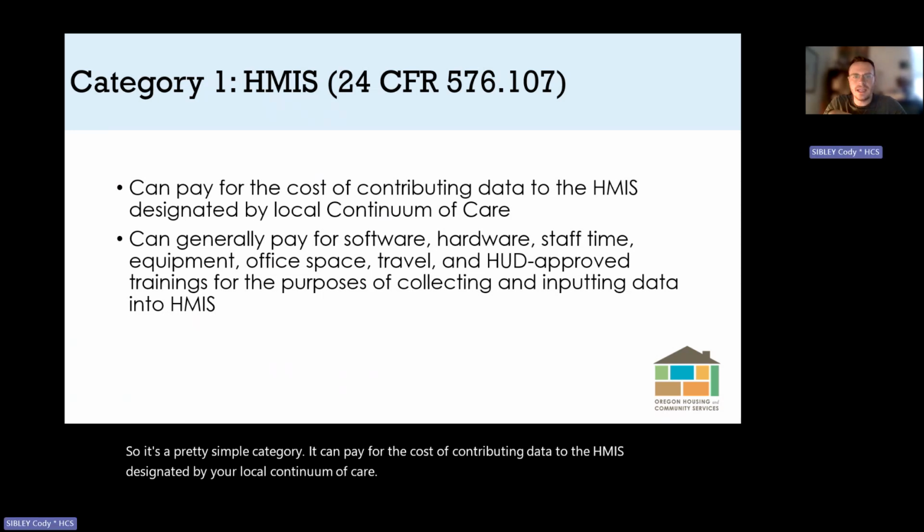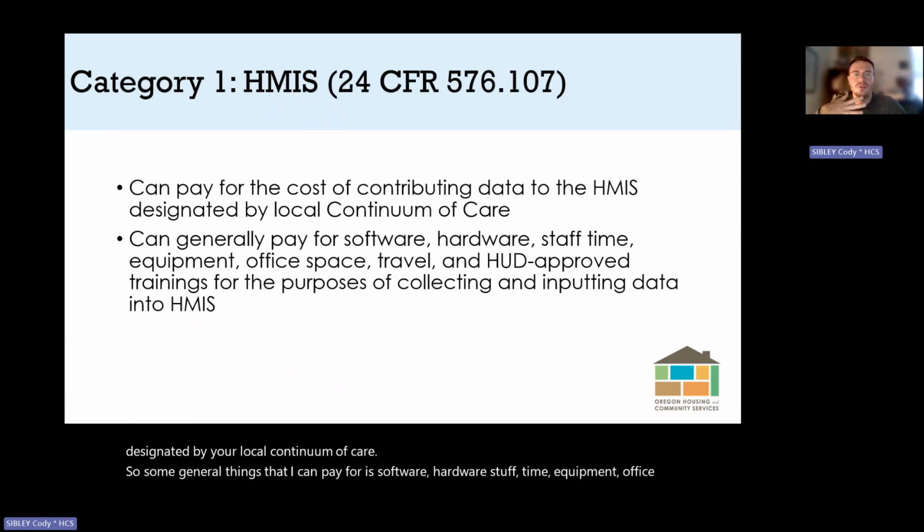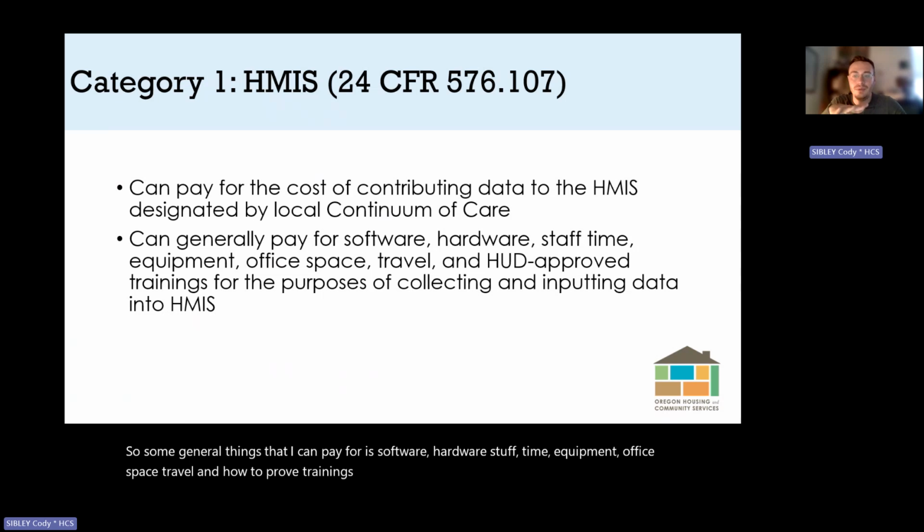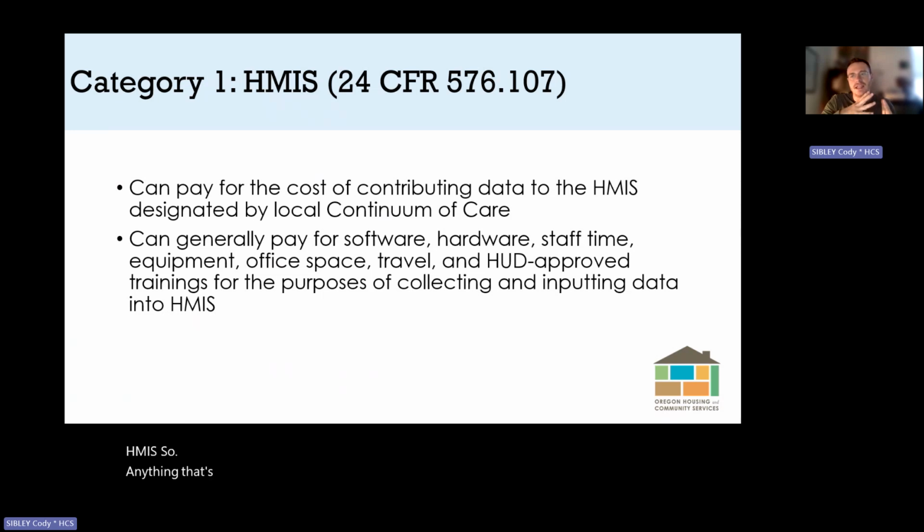So some general things that it can pay for is like software, hardware, staff time, equipment, office space, travel, and training for the purpose of collecting and inputting data into HMIS. So anything that's needed to contribute data into HMIS can generally go under this category.